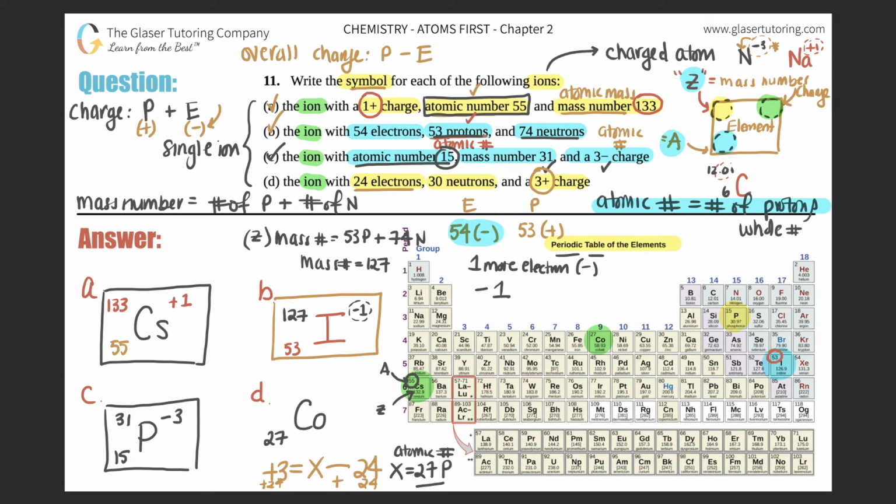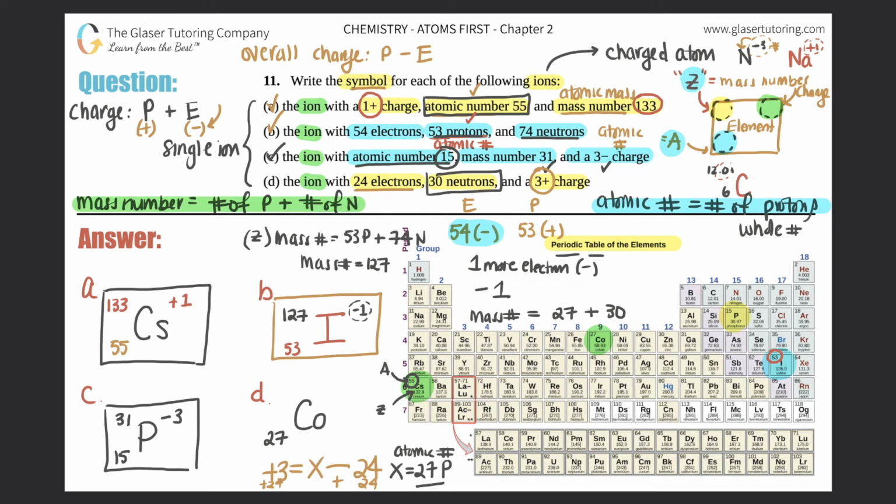So that goes down here. Let's find the mass number. They didn't tell us that, but we know from before that mass number equals number of protons plus number of neutrons. So the mass number, I'm just going to put it over here. Mass number equals protons, which we just found out was 27, plus number of neutrons, which was 30.